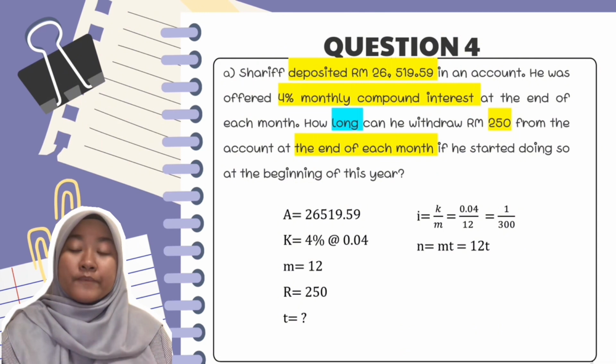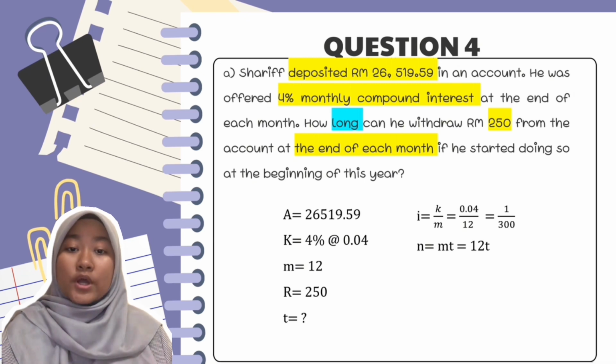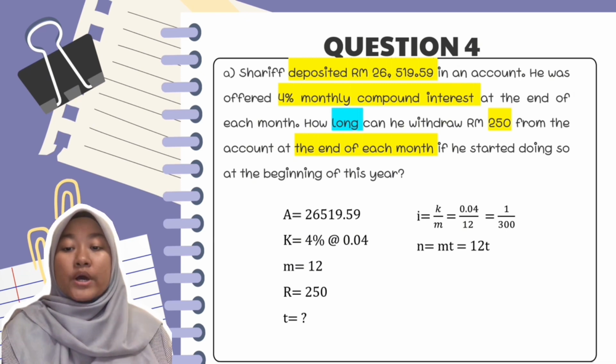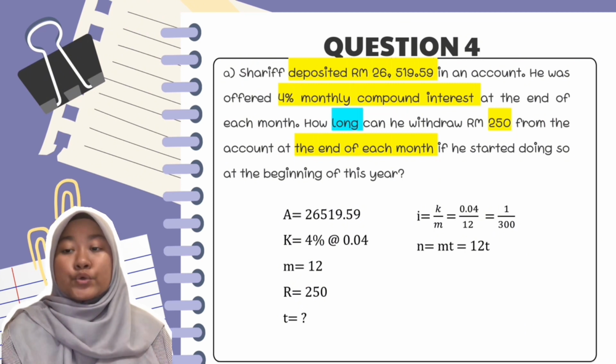So we got some information from the question, which is A is 26,519.59, k is 4%, m is 12, R is 250, and we have to find the t. i equal k divided by m, which is 0.04 from 4% divided by 12, and we got 1 divided by 300.